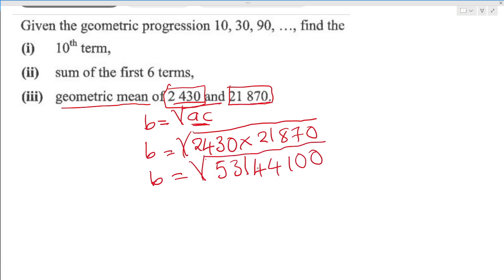So now let us take the square root of that value. We're going to say the square root of 531,144,100. We press equals. So our geometric mean becomes 7290, and we are done.